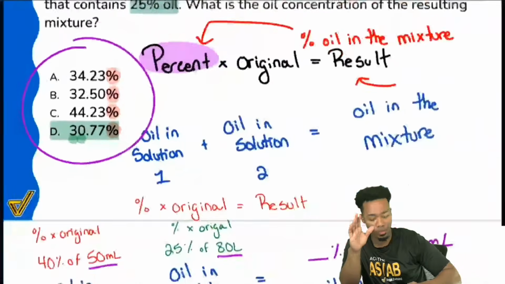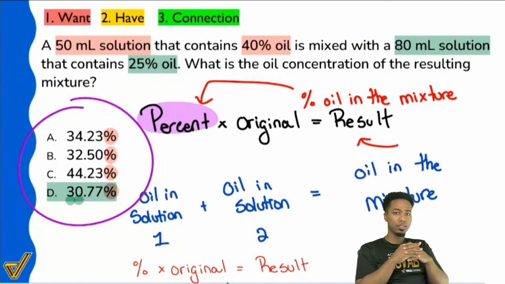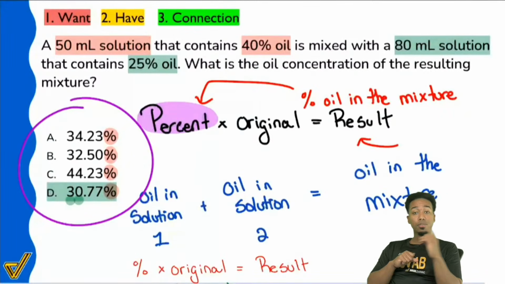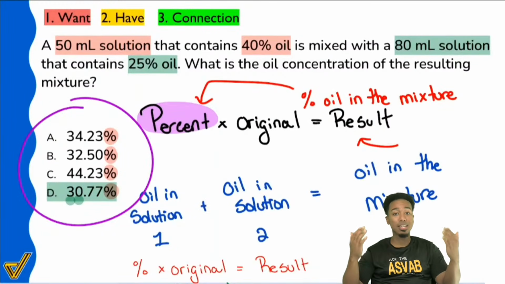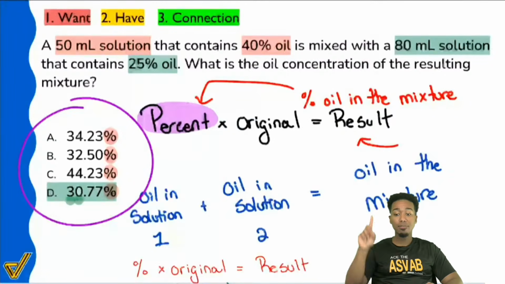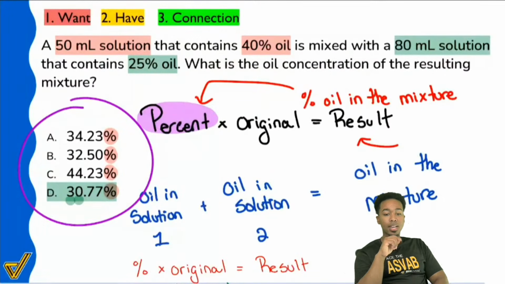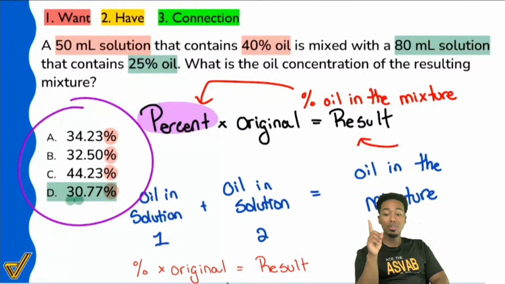Let me review this with you from the beginning. Everybody, what did I say in the beginning? I'm going to repeat myself. 2 facts that we were drawing off of. The first fact was what, everybody? Percent times the original equals the result, and that the percent and the result represent the same thing. Yes or no, everybody? Was that fact number 1? I said percent times original equals the result, and the result and the percent represent the same thing.